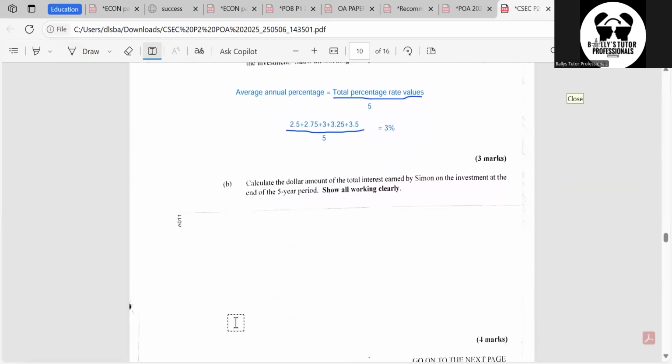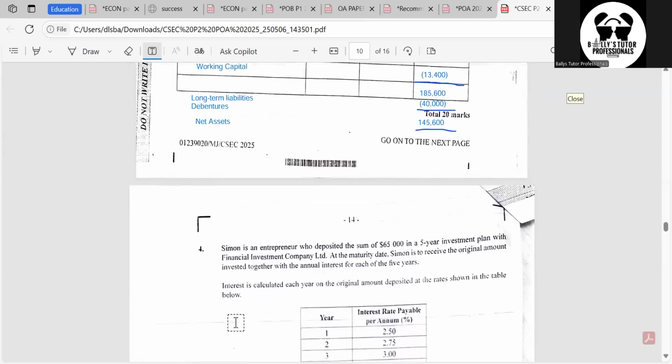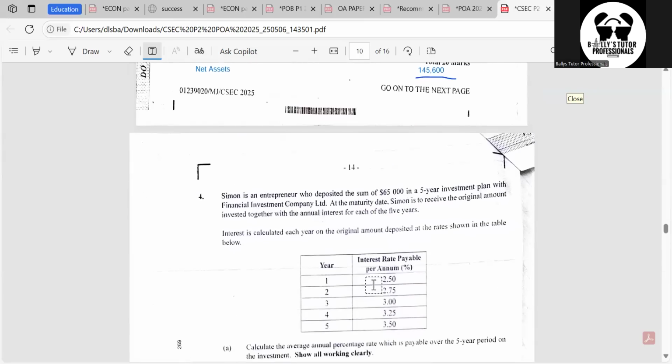Then they said, calculate the dollar amount of the total interest earned by Simon on the investment, right? So remember they said, each year you're getting this percentage of the original amount, the principal. So to calculate the total money, I have to take 2.5% multiplied by 65,000, added to 2.75% of 65,000, added to 3% of 65,000.